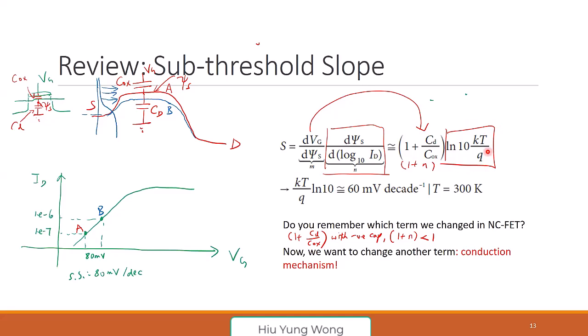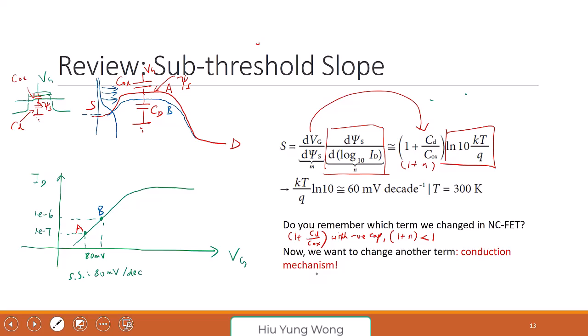Is it possible to change this term? It's impossible because this is physics, thermionic emission. Then it means that if I want to change this term, I need to change the conduction mechanism. I cannot rely on thermionic emission anymore. And that's what we are doing for the tunnel FET.